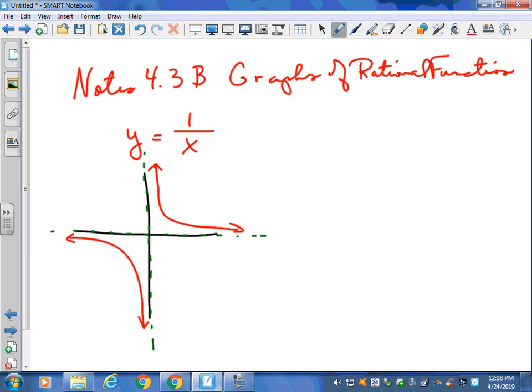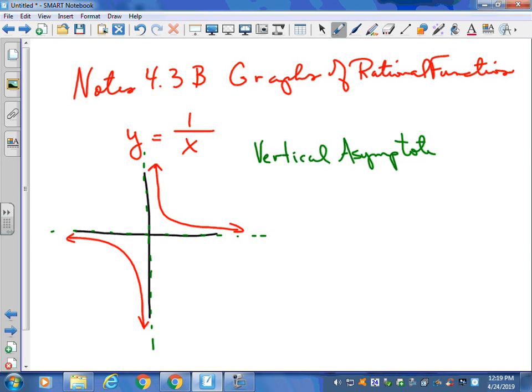Now, the vertical line is called a vertical asymptote. A vertical asymptote is an imaginary line that your graph can hug up next to. It's caused by what makes the denominator 0. A-S-Y-M-P-T-O-T-E, asymptote.